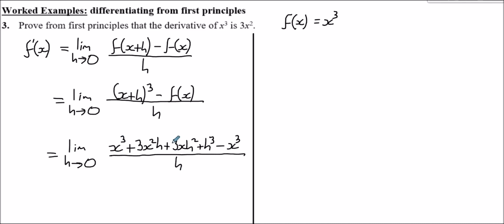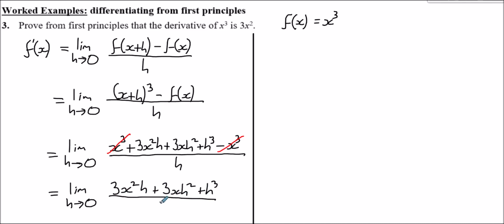Here, the x cubes will cancel at the beginning and end, so on the top we're just going to have 3x squared h plus 3x h squared plus h cubed, all of which gets divided by h.